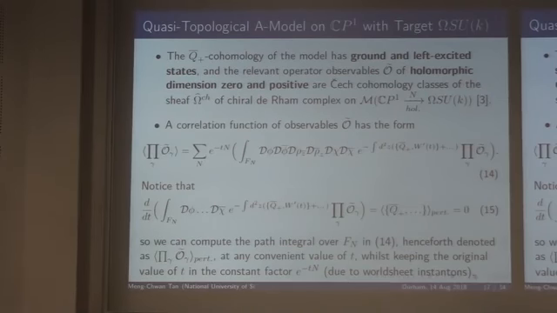Okay, so that explains that the Q-cohomology of the model has ground and left-excited states, and the relevant observables O of holomorphic dimension 0 and positive are Čech cohomology classes of the sheaf. So this is a long story, but for the purpose of understanding, trust me, it's correct.